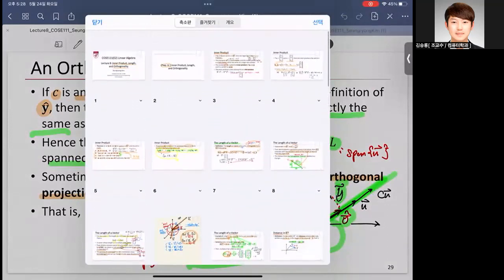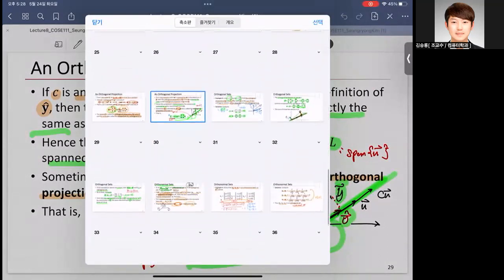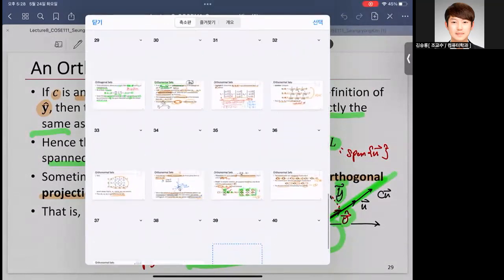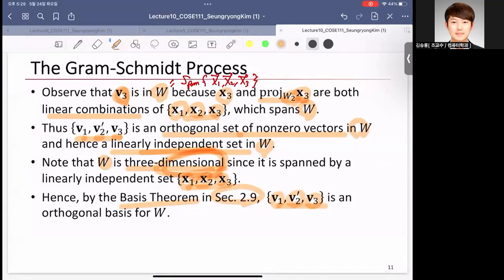We discussed this dimension concept in lecture 7, 7에서 했었고요. Anyway, by the basis theorem in chapter 2.9, V1, V2 prime, V3 is going to be an orthogonal basis for the subspace W. So please check the basis theorem in chapter 2.9.